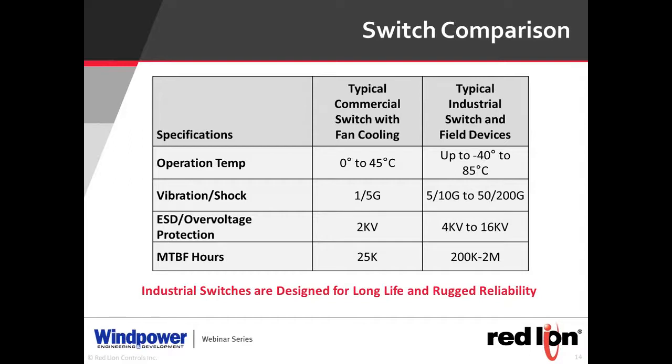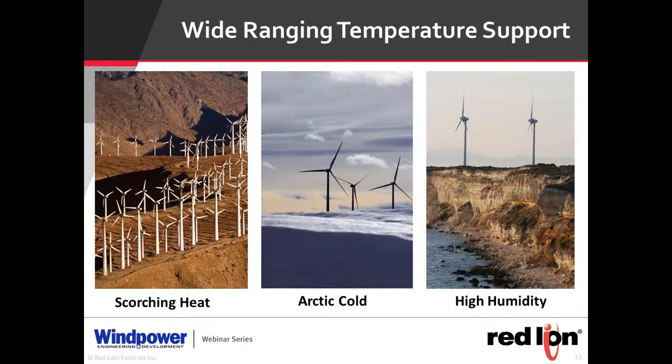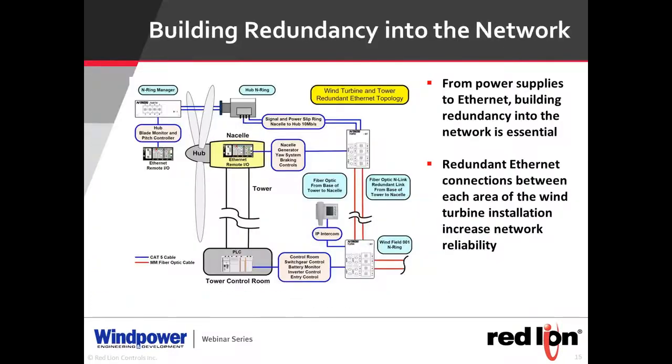So again, they're designed for rugged environments, long life, and reliability. We don't want anyone having to worry about replacing the network device. So from scorching heat to Arctic cold to high humidity, industrial switches are designed to work in the same environment as the wind turbine itself.